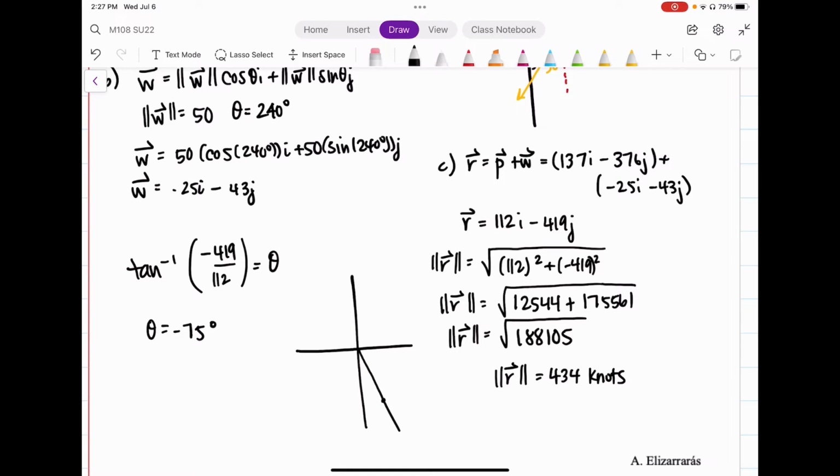And in order to find the bearing from the north-south line, right now I have a theta of negative 75 degrees. That's going from the x-axis down negative 75 degrees. The complement of that is then going to give me the bearing, which is 15 degrees. I then have a bearing of going down south 15 degrees and then to the right, which is east.